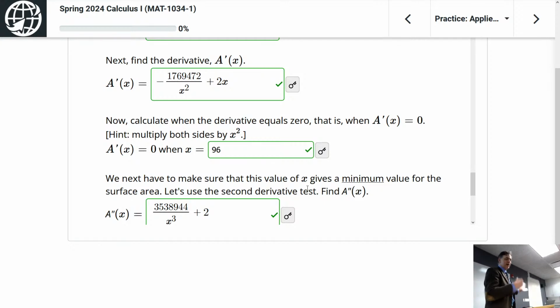I drew the picture for you, by the way. Write a formula, get it to be a single variable, do the derivative, set the derivative equal to 0, solve, and I step you through it just in case. To me, the hardest part is coming up with a formula. And so I've got hopefully enough instruction on the quiz to help you with that. But you should be able to do this without all the words.